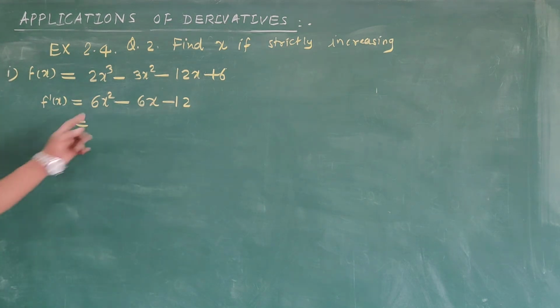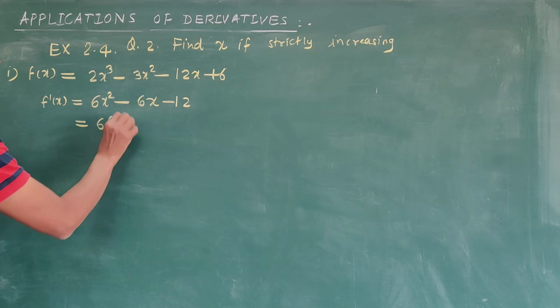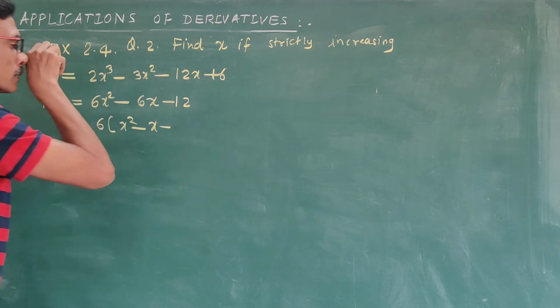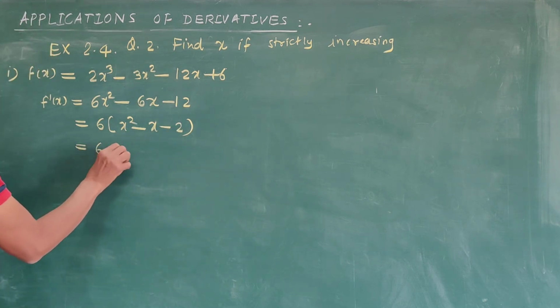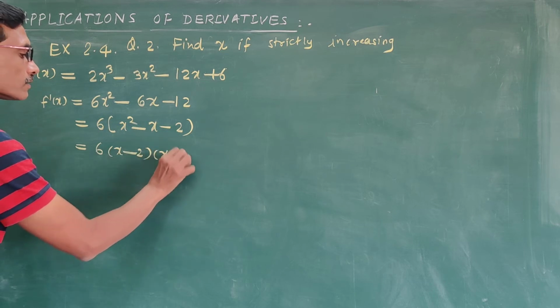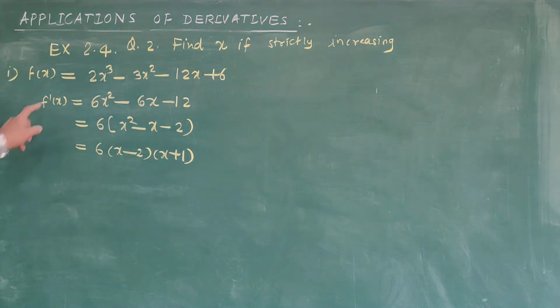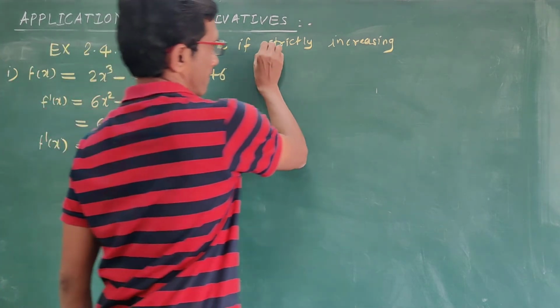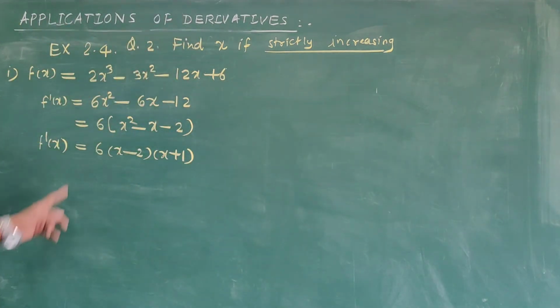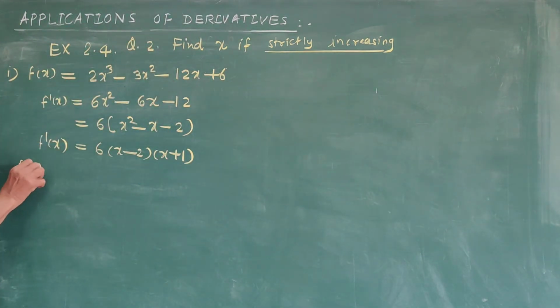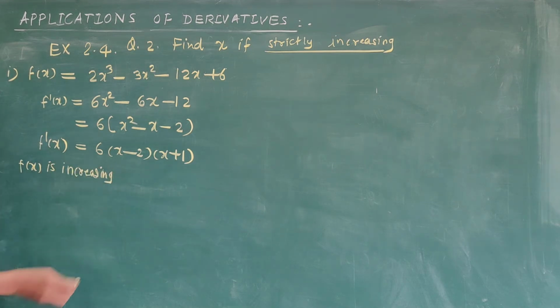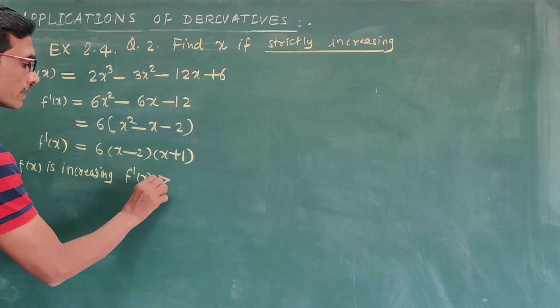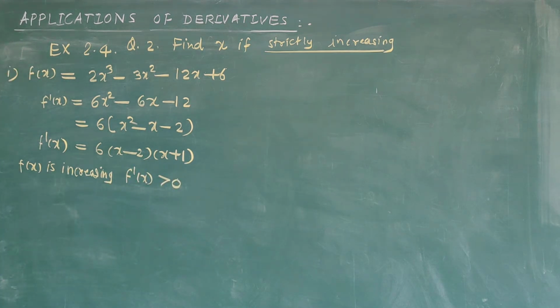Here we take 6 common: x² − x − 2. The factors of this are (x − 2) and (x + 1). As f(x) is strictly increasing, f'(x) is greater than 0.